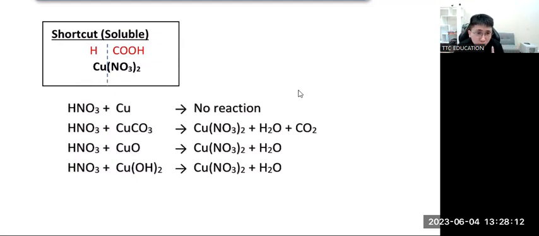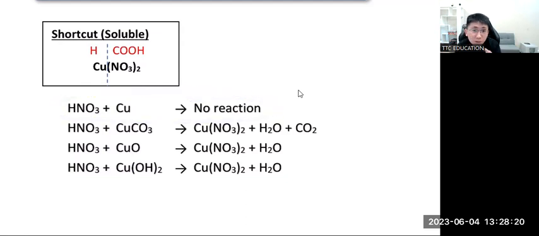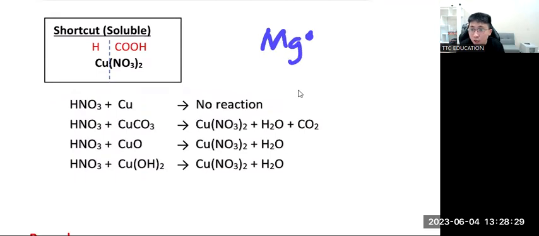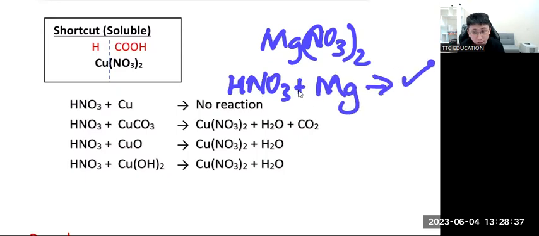But one very tricky part is that usually the first method is not suggested. Why is the first method not suggested? Because it doesn't work on copper. Imagine if I want to produce a magnesium salt, Mg(NO3)2. If I use HNO3 plus Mg, this one works.